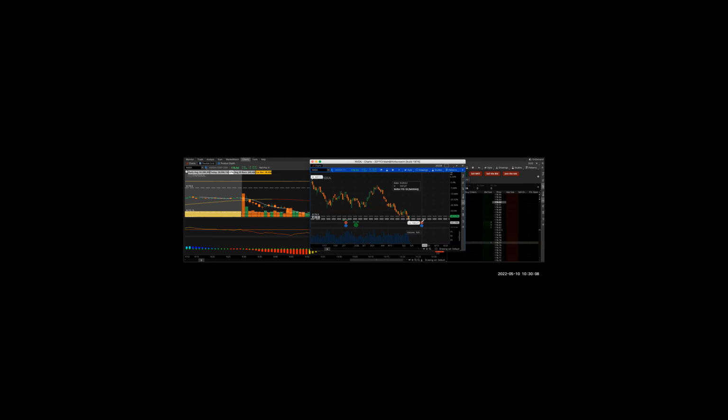NVIDIA has earnings coming out this month on the 25th. As I'm looking at what's going on right here, this is a bloodbath. Would I own NVIDIA stock? Probably not. I own AMD, and I'm getting crushed in AMD, so I'm buying puts. That's my hedge.